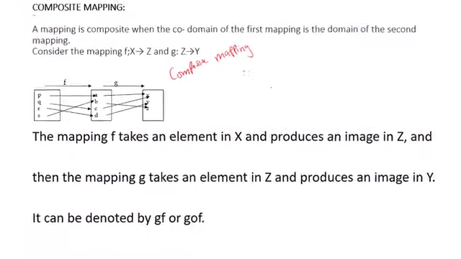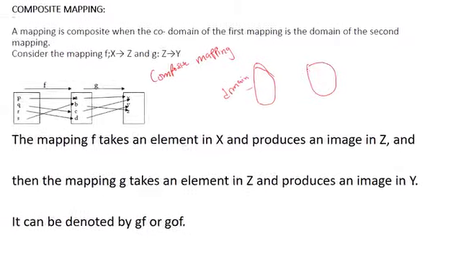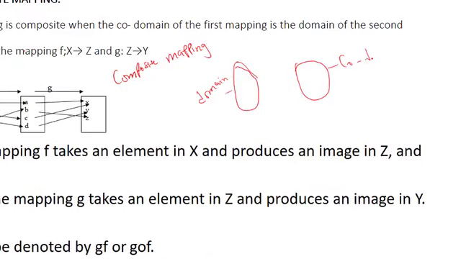Before now we've been dealing with mapping where we have the domain and the codomain. This is the codomain, this is the domain. Now you have 1 2 3 and 1 2.